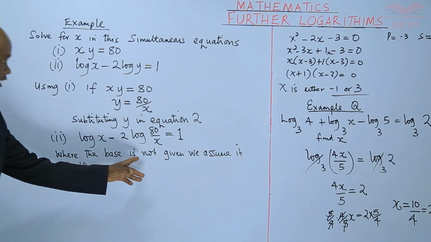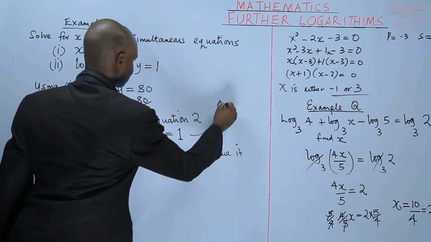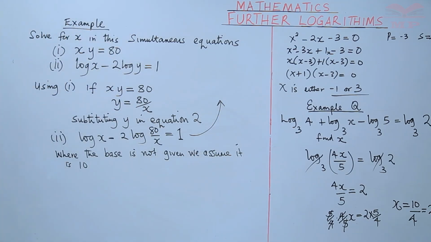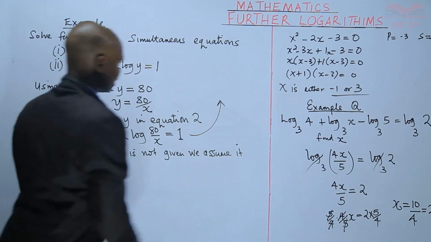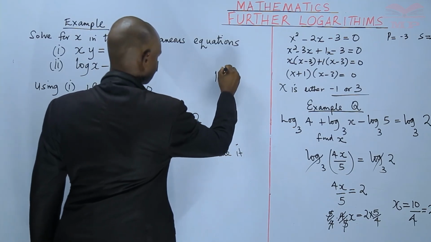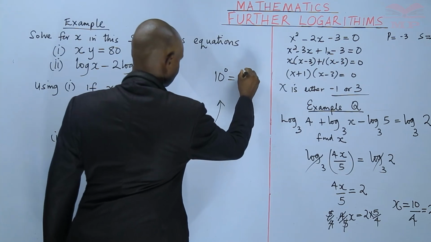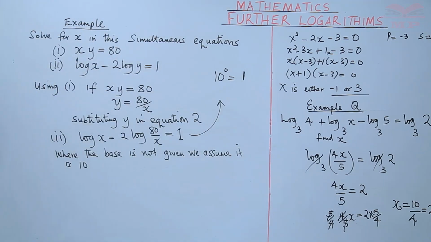So if that is the case, we know 10 raised to 0 is equal to 1.